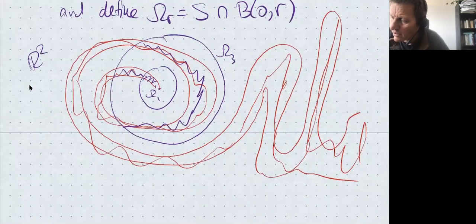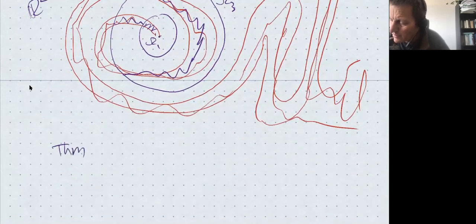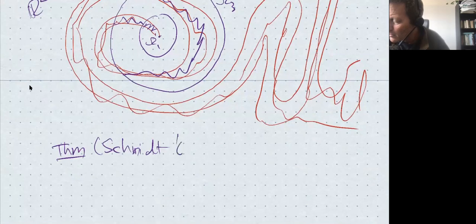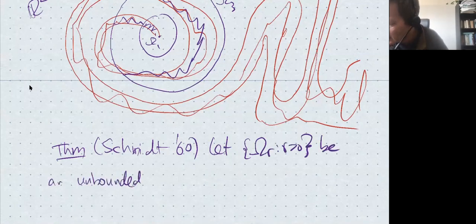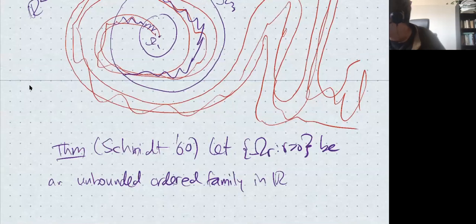And with this notion, Schmidt in 1960 proved the following theorem. Let omega R be an unbounded ordered family in R^n.